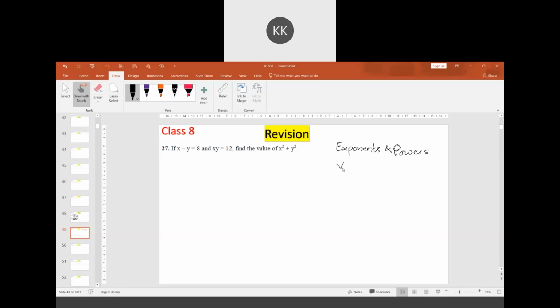We will randomly select chapters. Direct and inverse proportions, visualizing solid shapes, this is easy. Mensuration, sir. Factorization, sir.